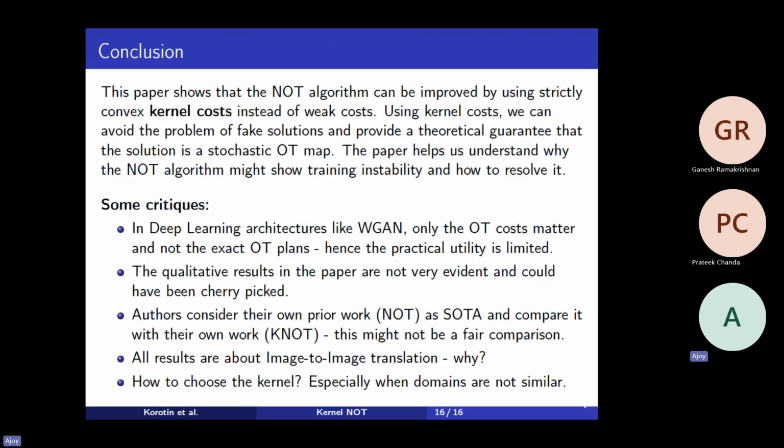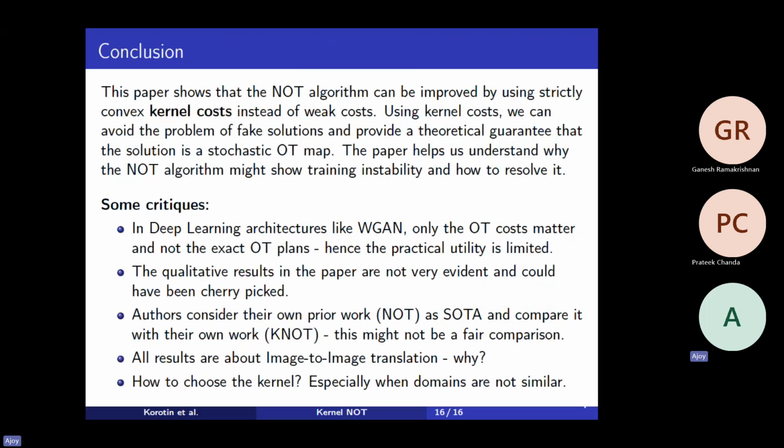So I think that limits the utility a bit. But some things which I felt were off were the qualitative results, the figures they provided in the paper. They were not very evident, it was not like they were immediately making sense that something is going wrong. So the examples were seemingly a bit cherry picked to me.